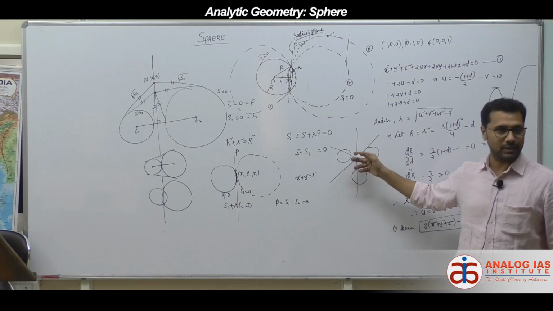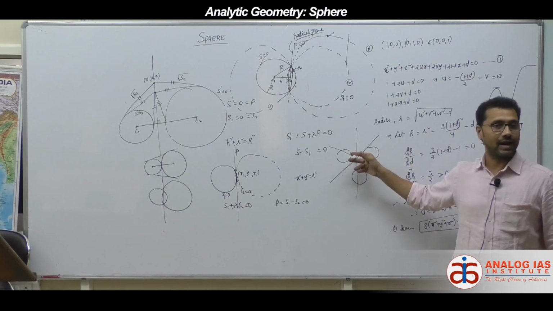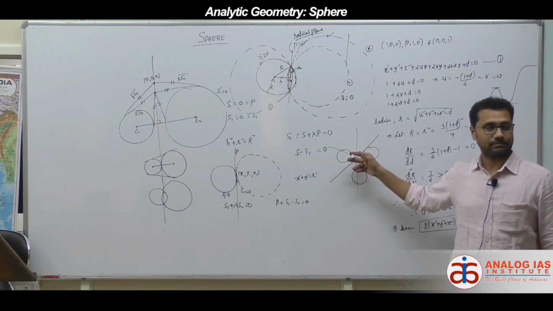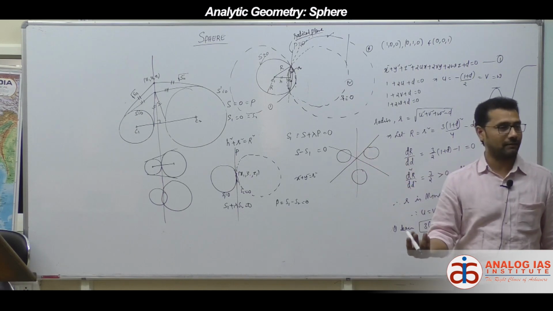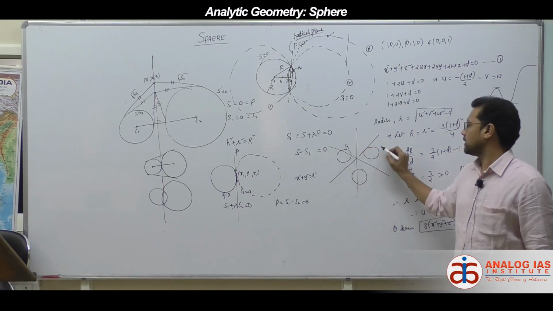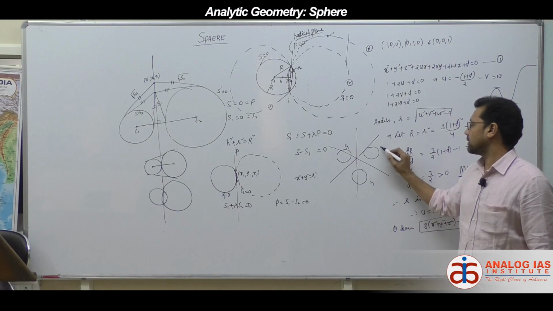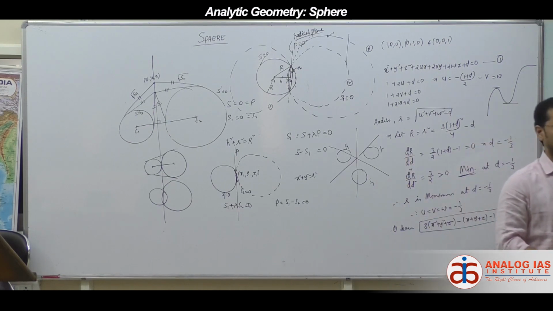How to get the equation of the radical line? Suppose S1, S2, S3. S1 minus S2 equal to 0 gives me one radical plane. S2 minus S3 equal to 0 gives me the second radical plane. These two planes intersect and give me the radical line. The radical line you can get in the symmetric form or general form also. Once you get the general form, you can convert into symmetric form.